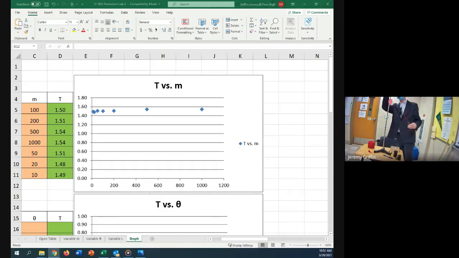Take this up to 40 degrees. I haven't really changed so much so far. And go. 1, 2, 3, 4, 5, 6, 7, 8, 9, 10. 15.4. Okay.